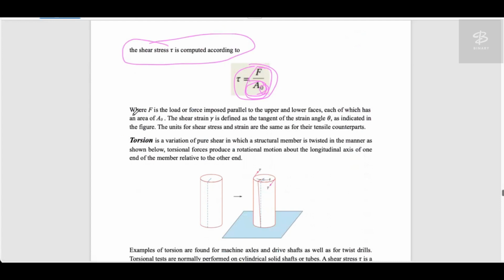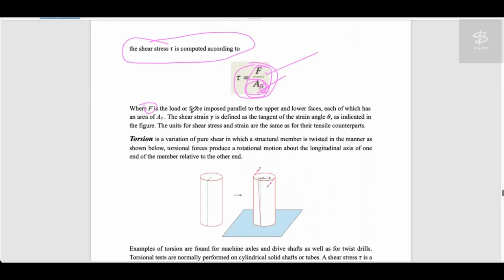As you can see, F is the applied force and A naught is the original cross-section area. This is simply how it is written. You don't need to get confused about upper and lower. You just need to think about whatever area you have taken, where you have applied the load.